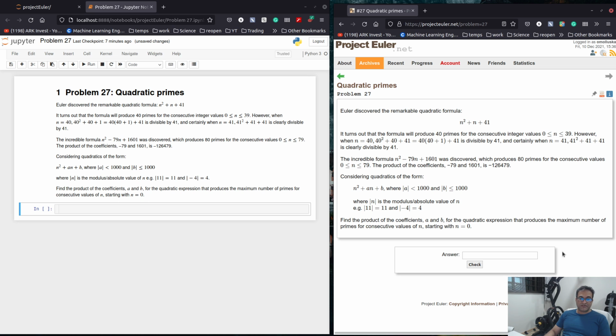So basically we have to find a and b for the quadratic expression that produces the maximum number of primes, for consecutive values of n starting with n equals 0. So we basically have to loop over a and we have to loop over b and find the set of values for which we get primes for the consecutive values of n.